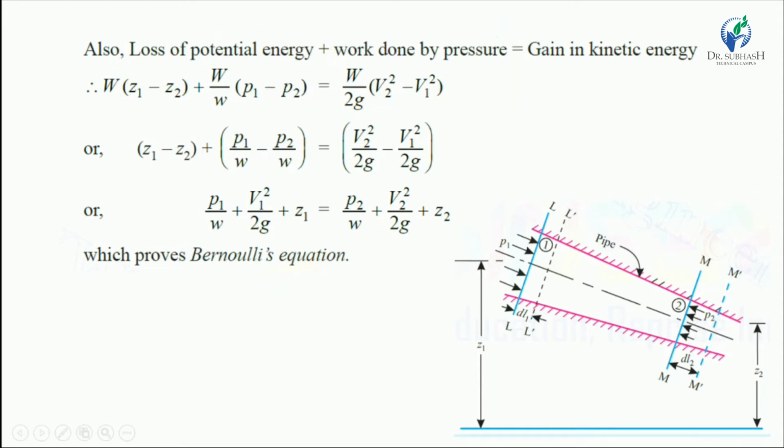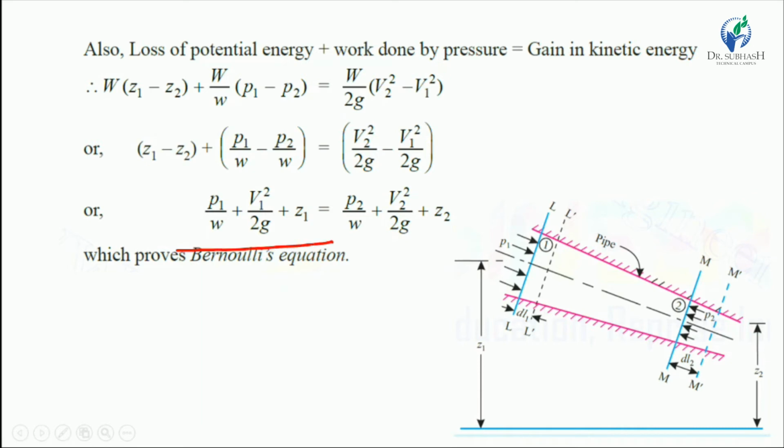Okay, so put the values of kinetic energy, work done by pressure, and potential energy. W, the weight, nullifies on both sides. Now the remaining equation is this, and now rearrange the elements of the equation.